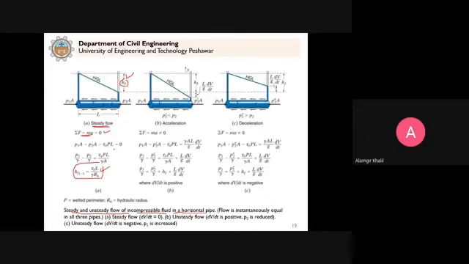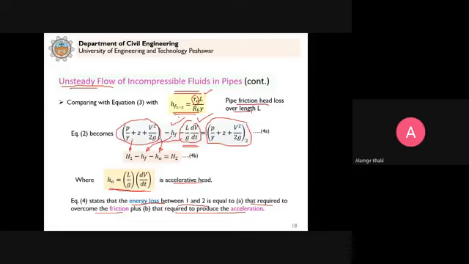Now the same problem, if you consider the flow to be unsteady, then you can see here that dV by dt is not equal to 0 now, and P2 dash, which is shown here, will be less than P2. Why? Because we already stated that there will be more loss of energy due to this accelerative head because of the unsteadiness.